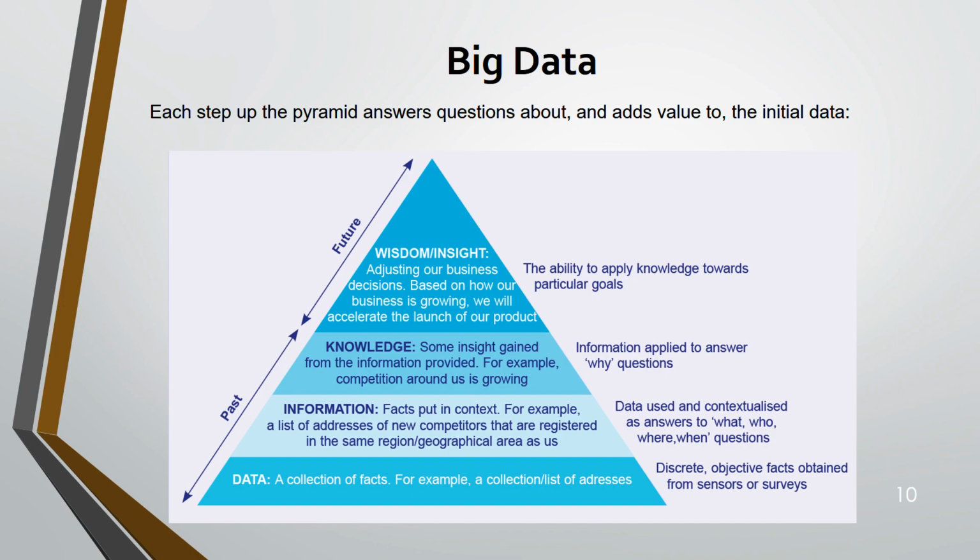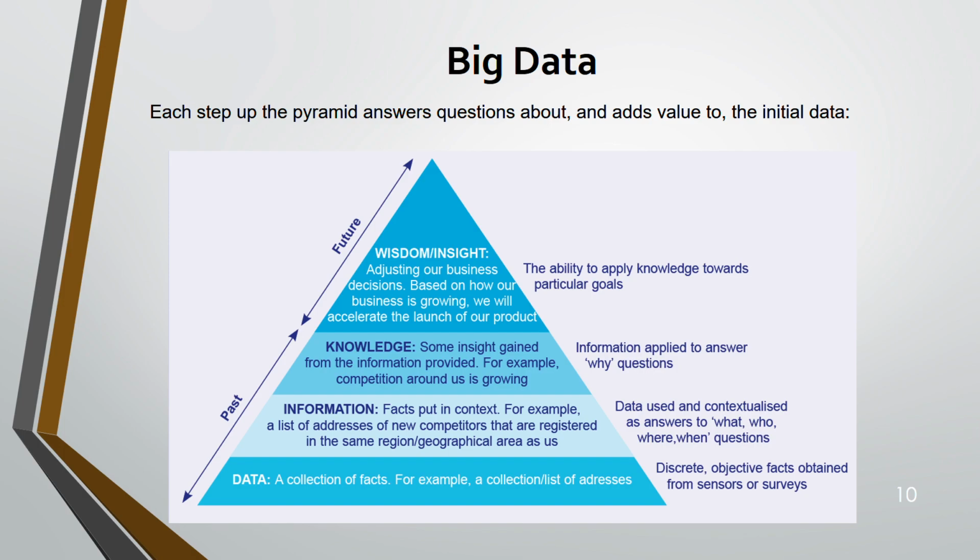If you just say list of addresses, it's data. There is no meaning to it. But if you say list of addresses of new competitors that are registered in the same region as you, then it makes some sense. That means they are your competitors now. So collecting information about a competitor is good. It's information now. So what does it answer? It answers questions like who are your competitors? Where are your competitors located? Questions like this.